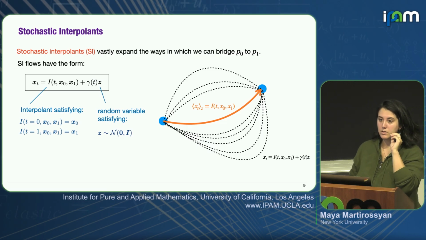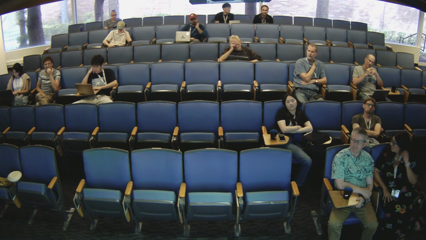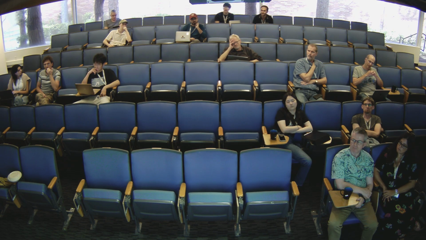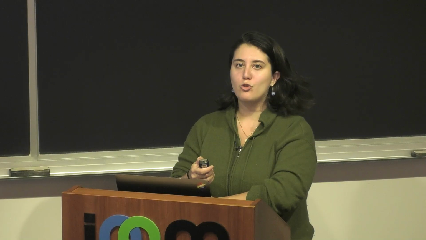Yeah? If we draw a line, that would be trying to learn the optimal transport, right? Not necessarily. That's optimal transport in a physical space sense, the optimal physical path.